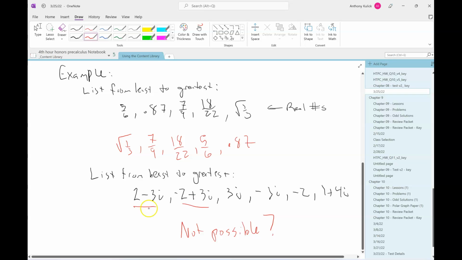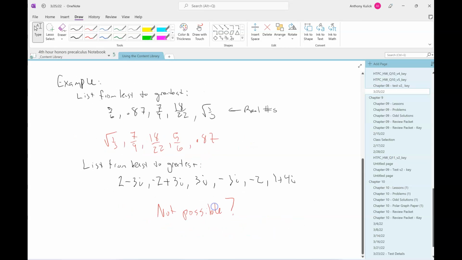What do I do with that? Because these aren't sortable from least to greatest, you cannot put them on a number line. If they were sortable, we could put them on a number line.